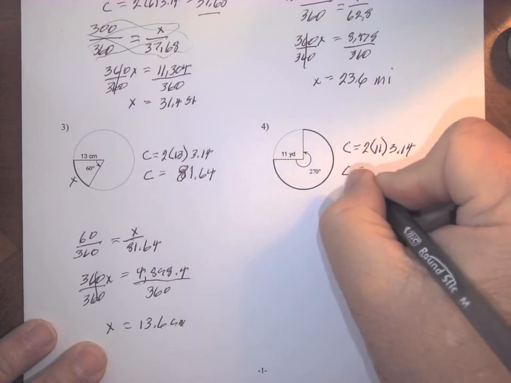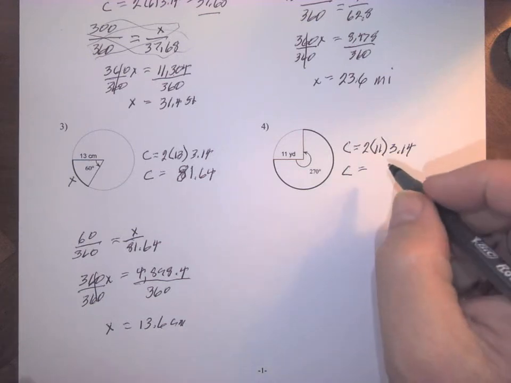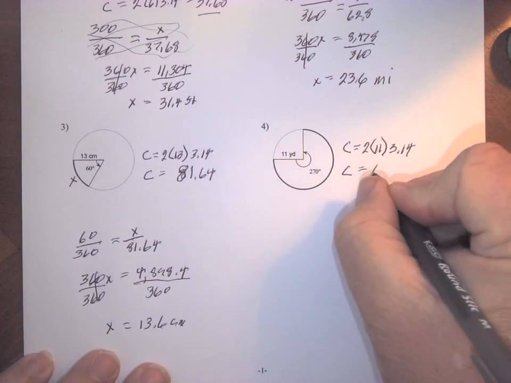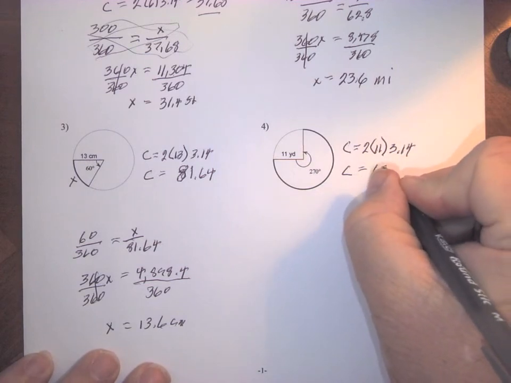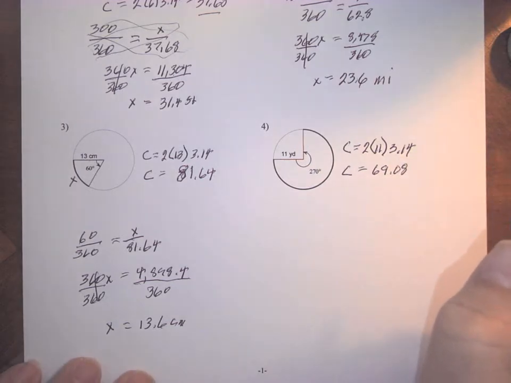So the circumference is 69.08, if my math is correct, which, as you guys know, I make mistakes too.